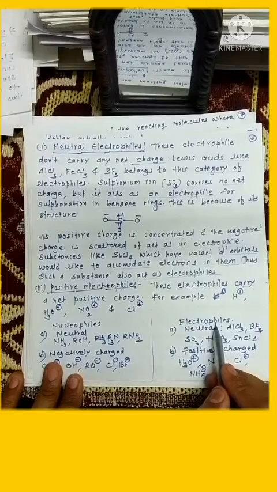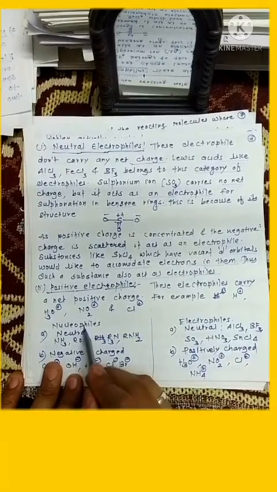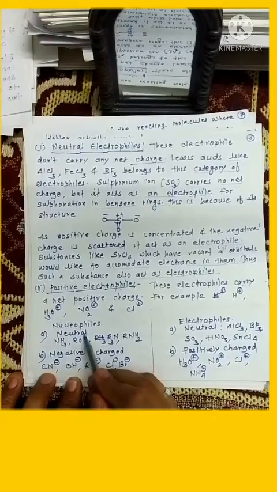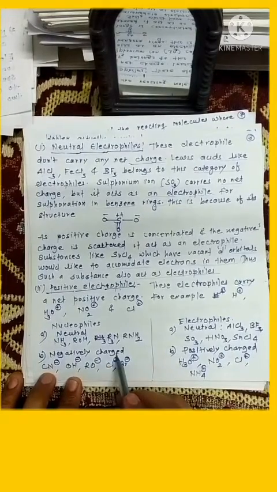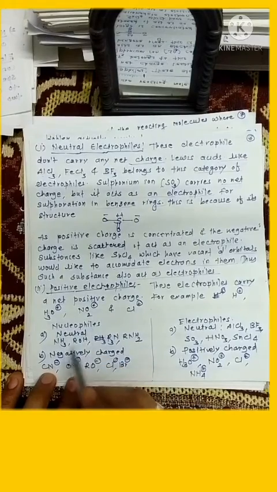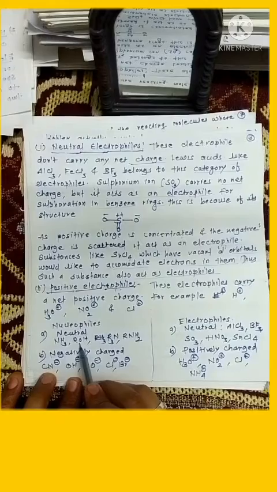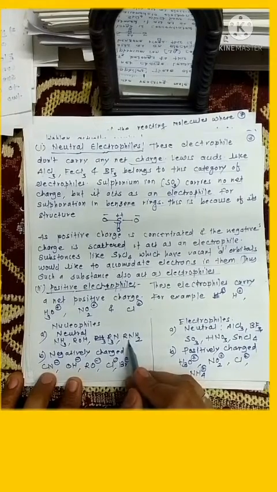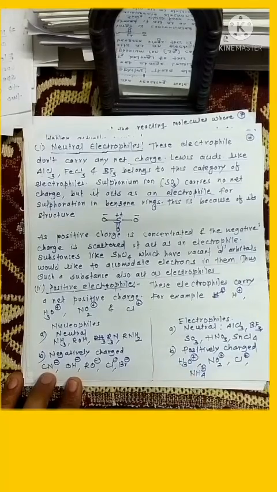It is the table for electrophiles. Nucleophiles are divided into two types: neutral nucleophiles and negatively charged nucleophiles. Examples of neutral nucleophiles are ammonia, alcohol molecules, R3N, RNH2, that is basically amine molecules.